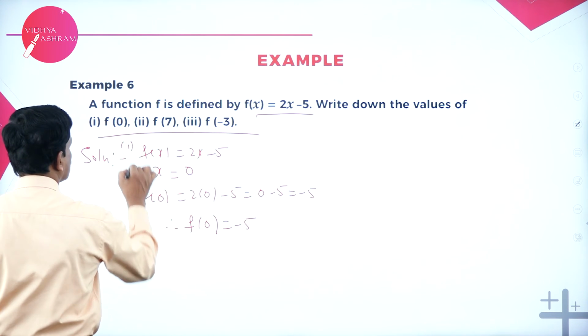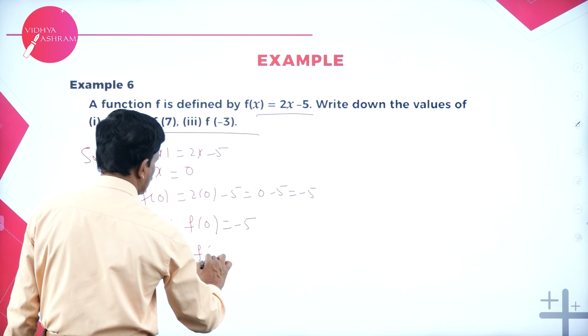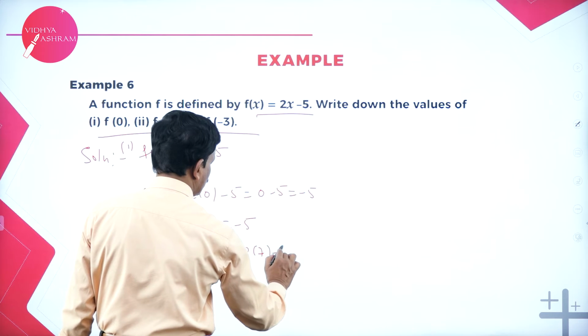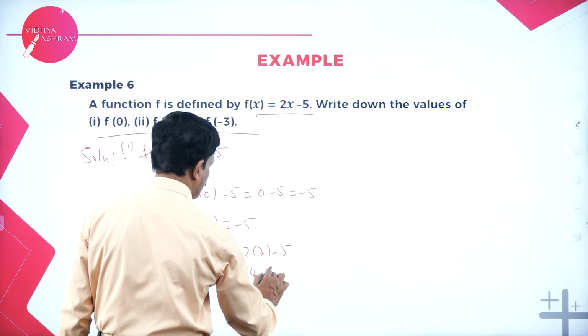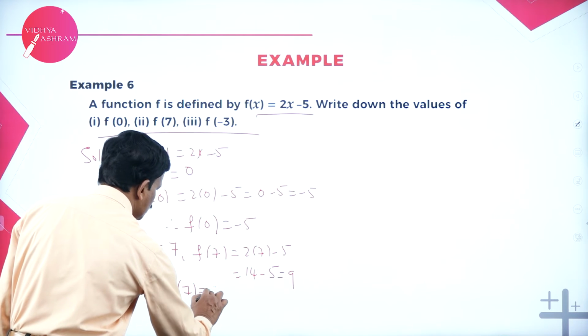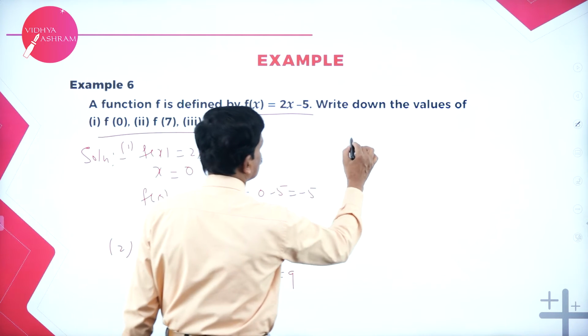Now let us come to the second one. Put x is equal to 7, then you will get f of 7 is equal to 2 into 7 minus 5. 7 2s are 14, minus 5, this is equal to 9. The function of 7 is equal to 9. Okay, now the final one is put x is equal to minus 3.